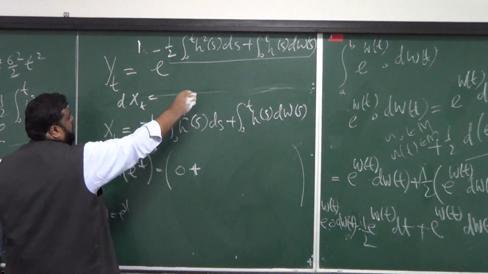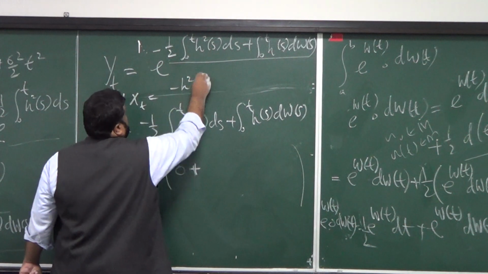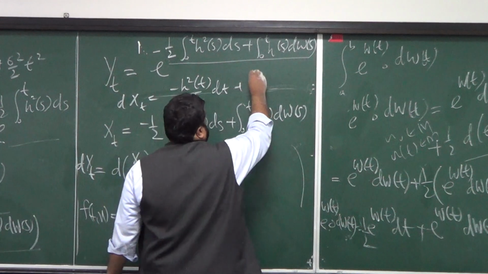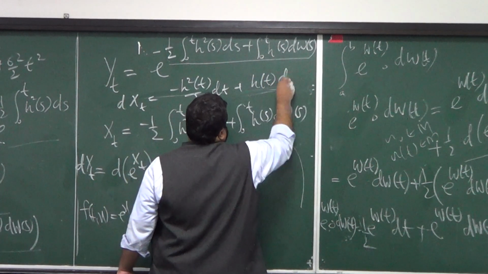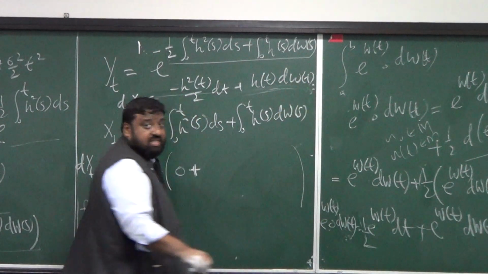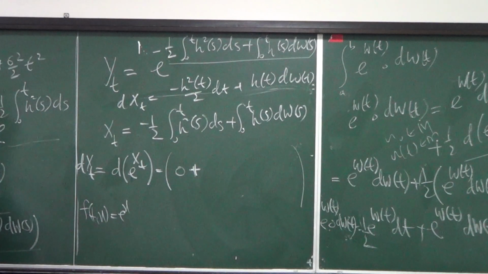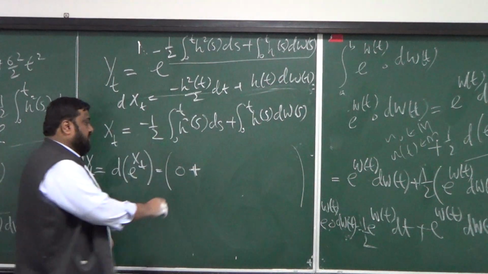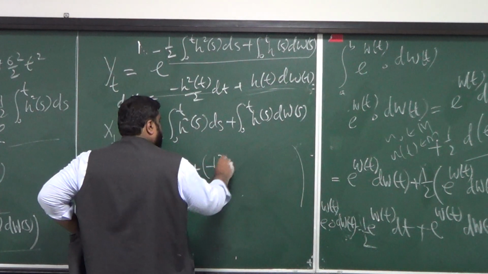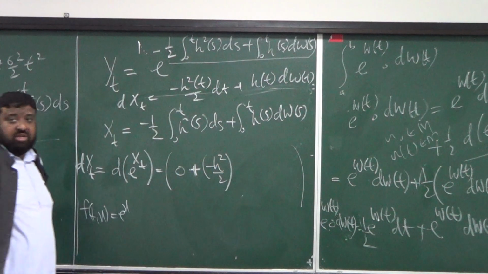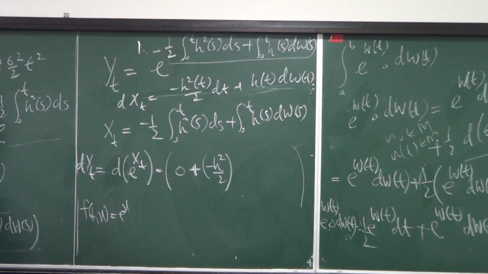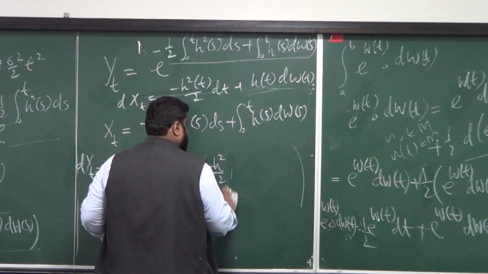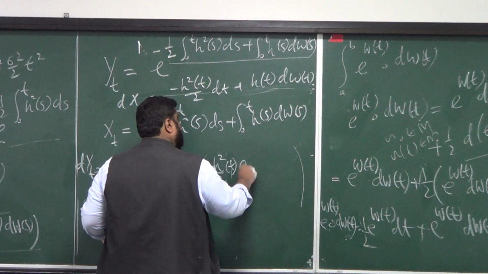So dXt is going to be minus h square of t over 2 dt plus h of t dWt, right? So the mu, in other words your drift, is this function minus h square over 2, times the derivative of it. So it's going to be h square over 2, so e to the Xt.